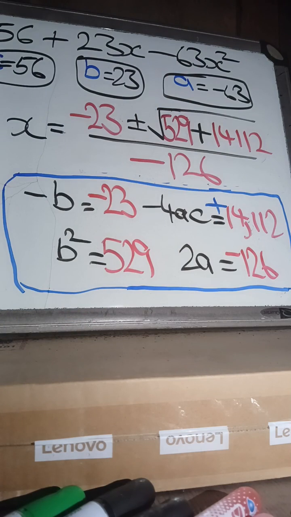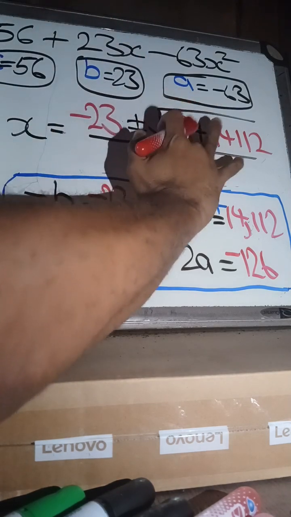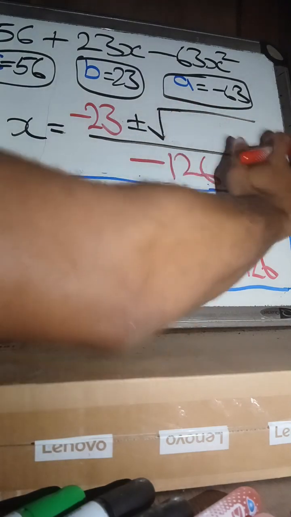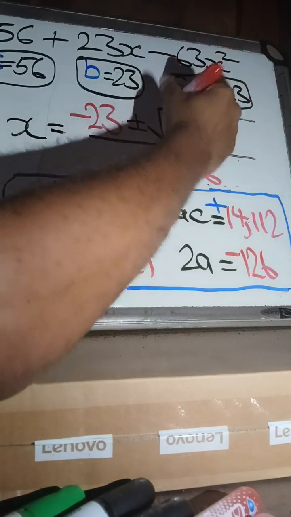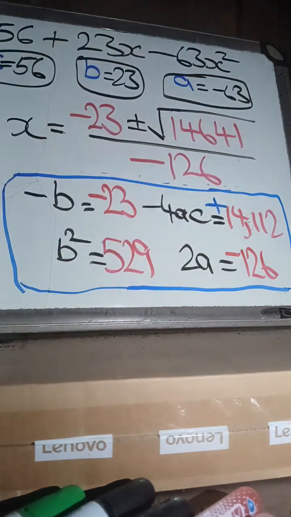Alright, so now let's add what is under the square root. 14,641. So I can replace this with that.